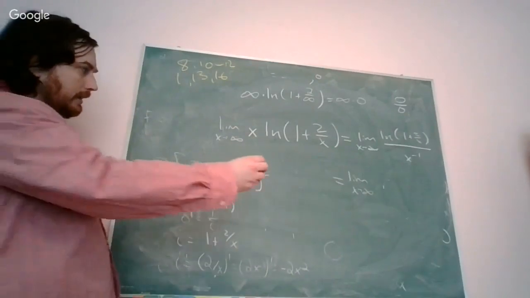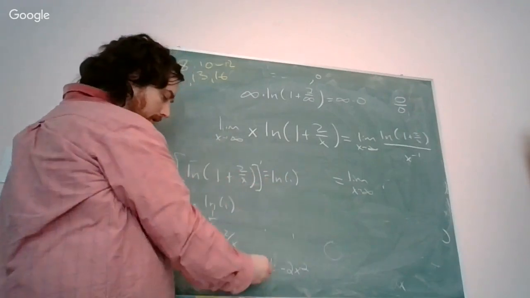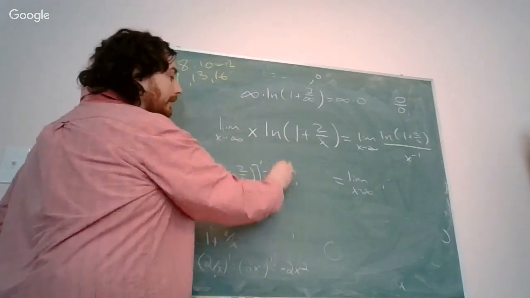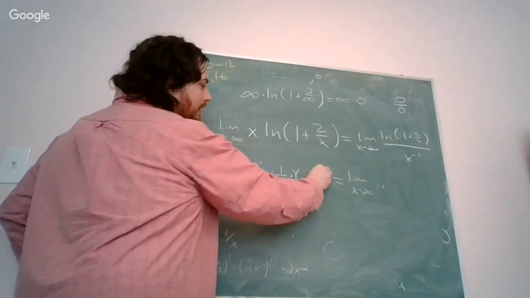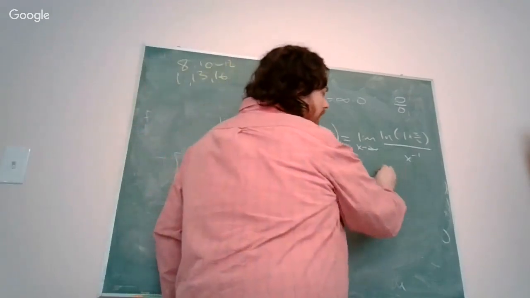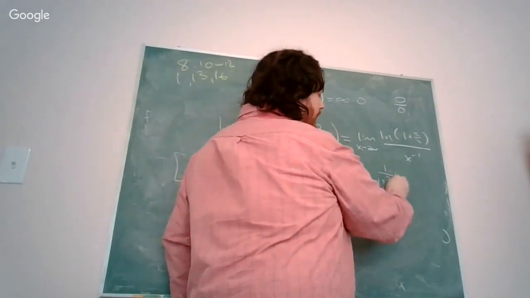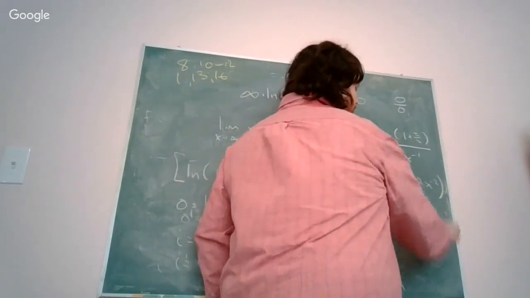So now if I bring that together, the derivative of the top is the derivative of the outside, 1 over I, times the derivative of the inside, negative 2x to the negative 2. Then plugging I back in, I get 1 over 1 plus 2 over x times negative 2x to the negative 2.